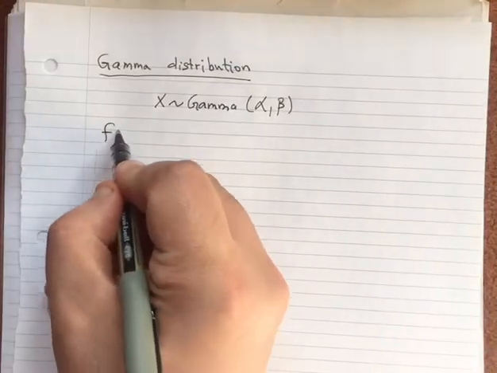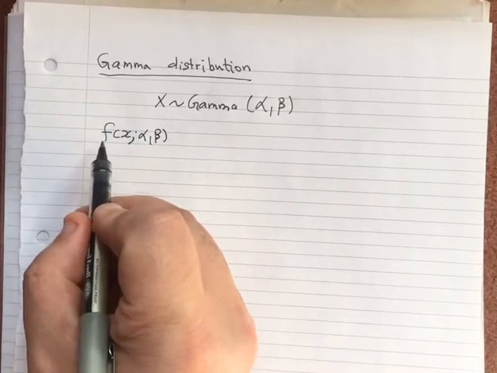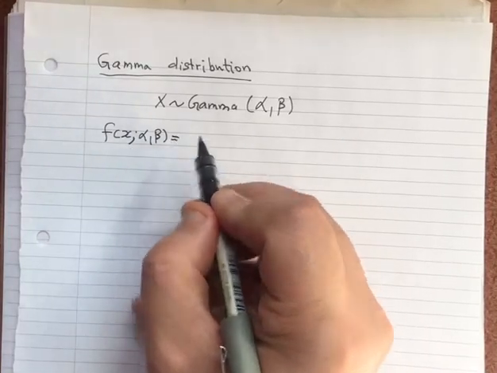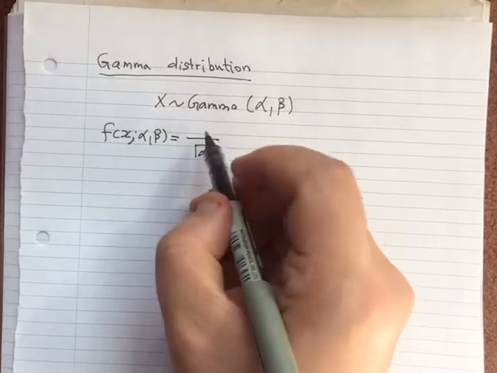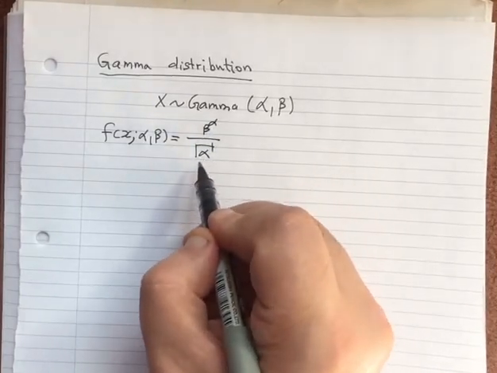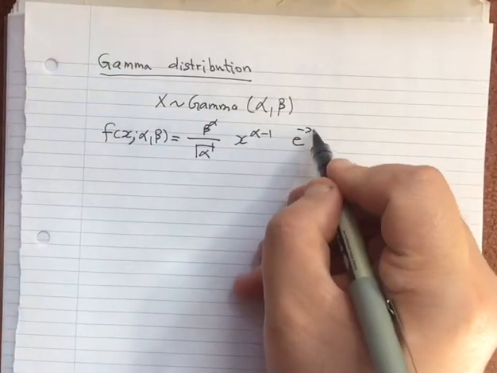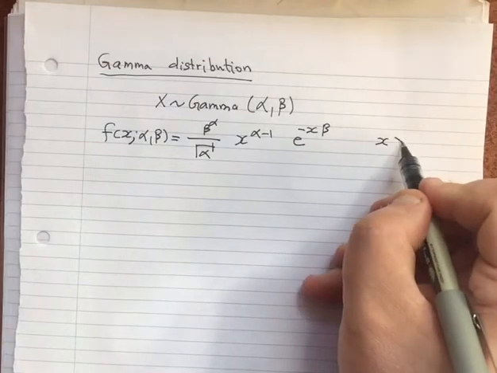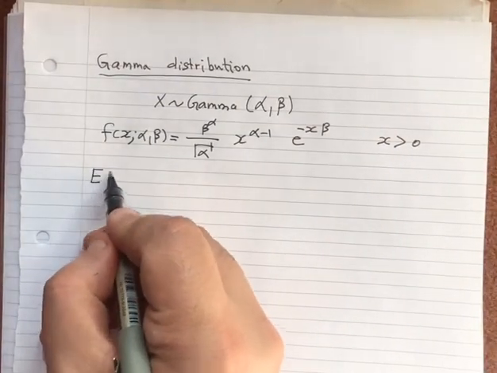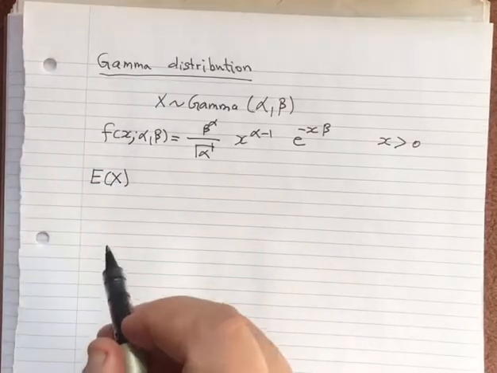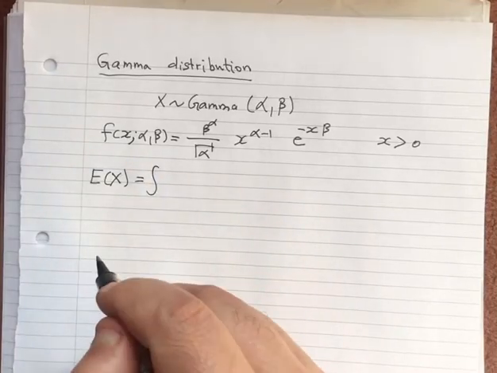So we can write f of x, alpha, beta, the probability density function of x, as beta to the alpha divided by gamma of alpha, x to the alpha minus 1, e to the minus x beta, where x is greater than 0.